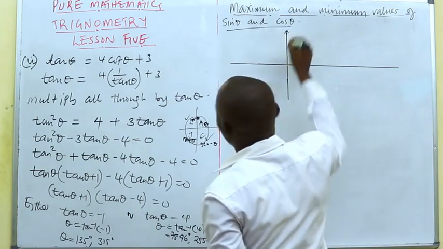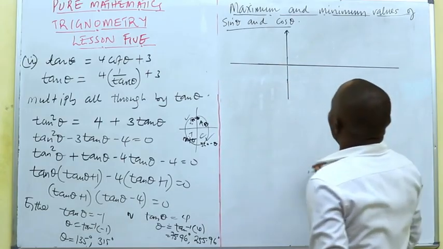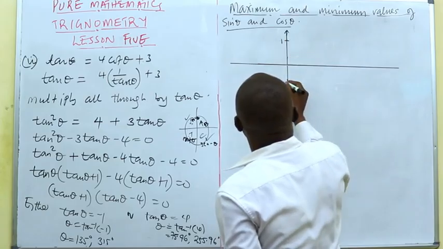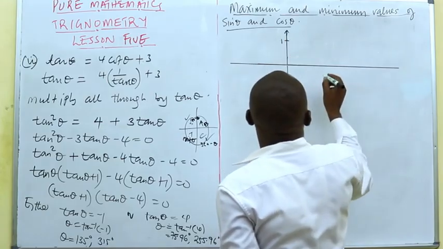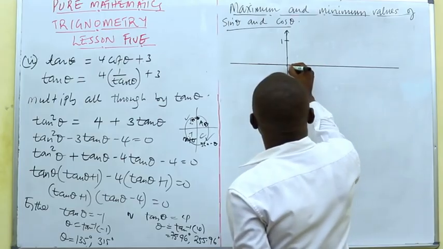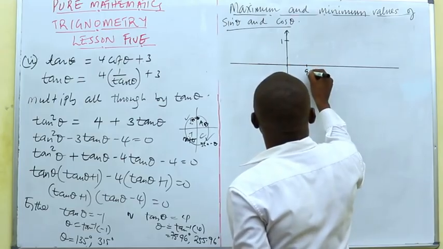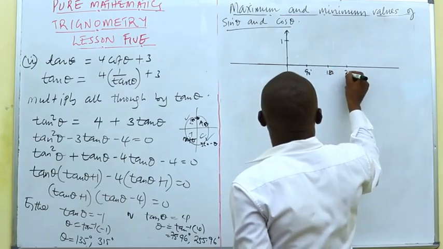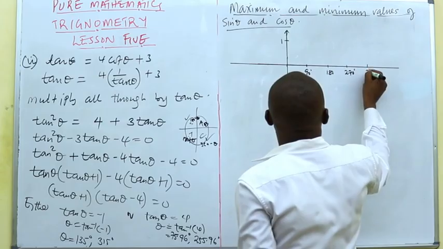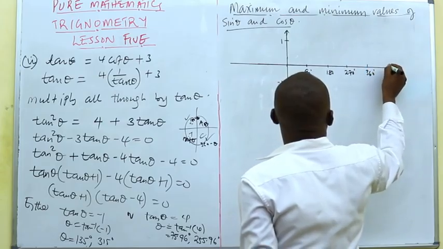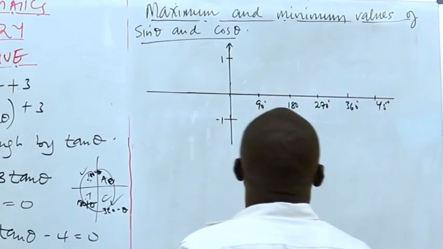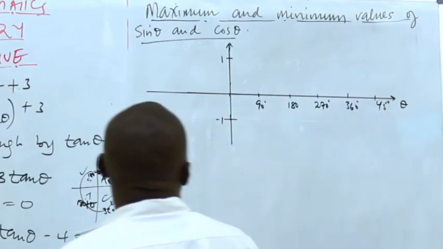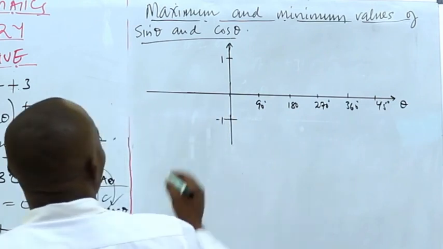So, I can press a 1 there and a negative 1 there. This is 0, this is 90, 180, 270, 360, 450. Those are all degrees. So on the horizontal axis, I have theta.